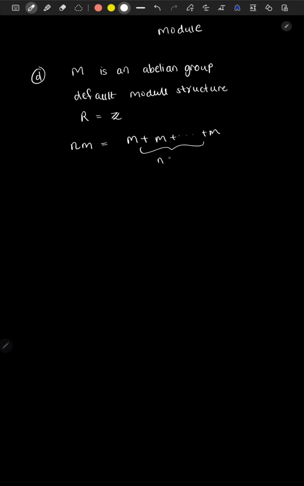This is assuming n is greater than or equal to 0. If n equals 0, then nm equals 0; take this as a definition. If n is less than 0, then you just do minus m, dot dot dot, minus m, n times.